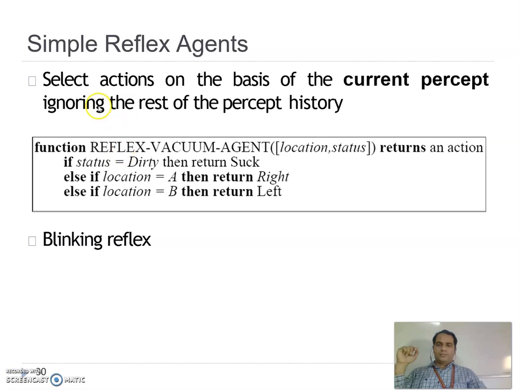This is an example: select actions on the basis of the current percept, ignoring the rest of the percept history. In a simple reflex vacuum agent, location and status are the percepts and it returns an action. If status is dirty, then return suck. Else if location is A, it goes right, so it moves to B. If it is already in B, it returns left. Likewise, it goes on.